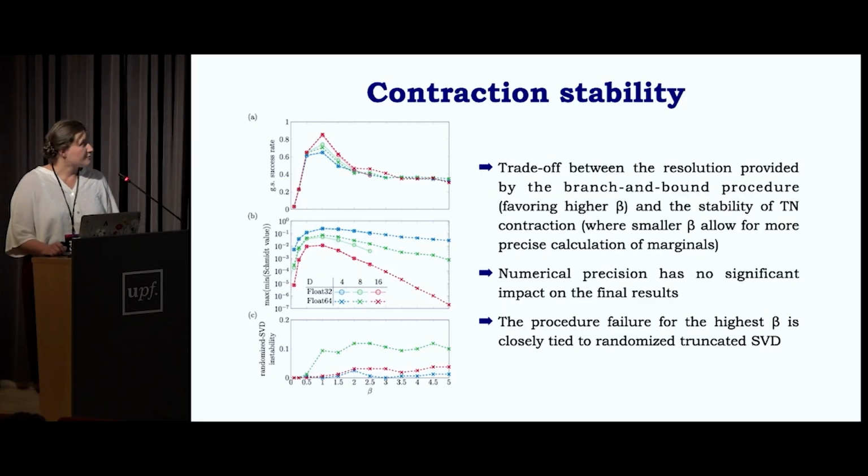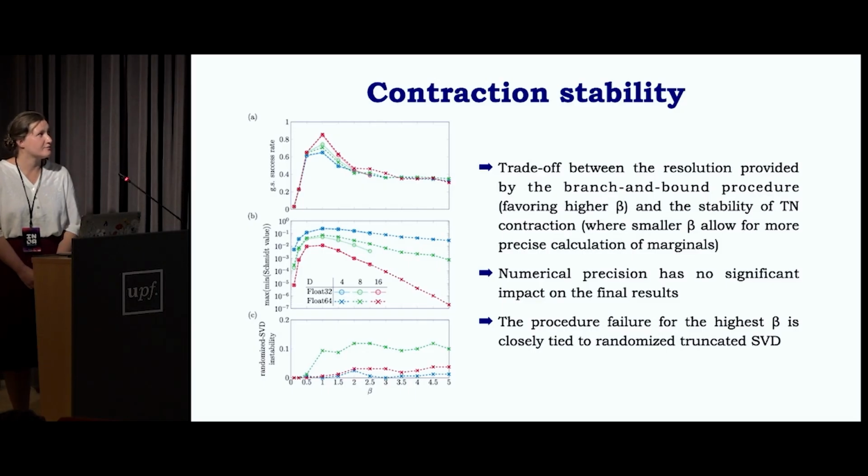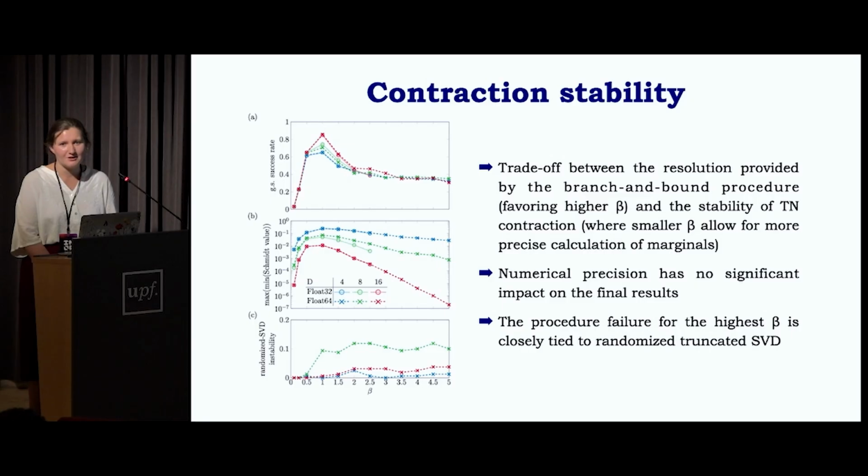From this first plot, you may see that there is a trade-off between the resolution provided by a branch and bound procedure, which favors higher beta, so lower temperatures, and the stability of tensor network contractions, where smaller beta or higher temperatures allow for a more precise calculation of marginals.